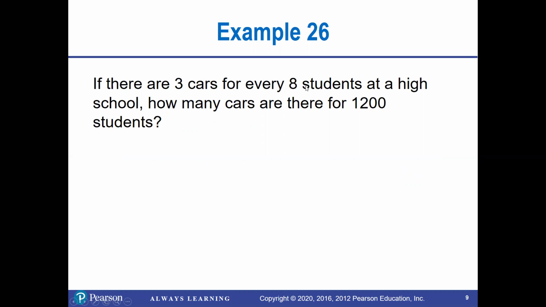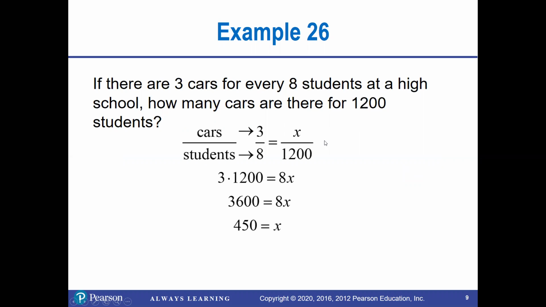There are 3 cars for every 8 students at the high school. How many cars are there if there are 1,200 students? Okay, I wish I did this a little bit differently. They had it all there. So we have cars to students. 3 to 8 is equal to x over 1,200. Now, you could try and figure out what I have to multiply 8 by to get to 1,200.